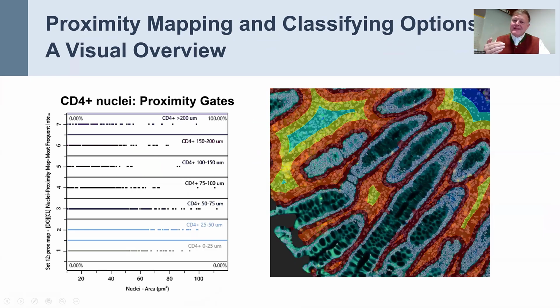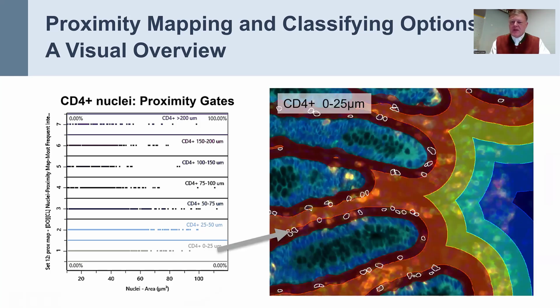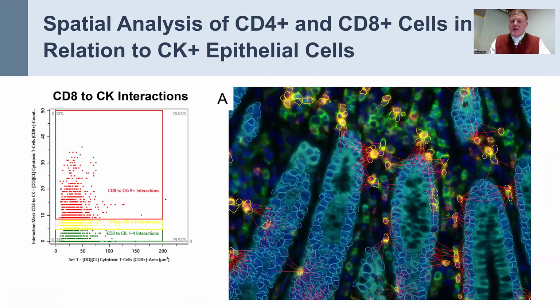We can create distance zones around the epithelium, the tumor, or whatever reference structure you're interested in, and then count how many cells of which subtype are where in the tissue, which is visible here in case of CD4 positive cells. But we can also do neighborhood analysis, others call it spatial biology, visualized here by these lines.